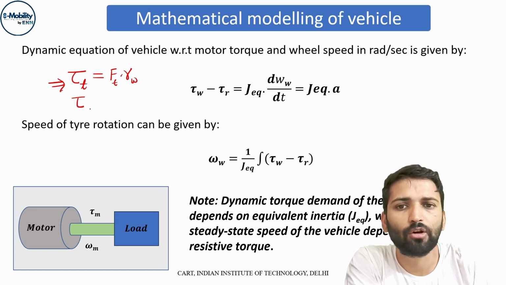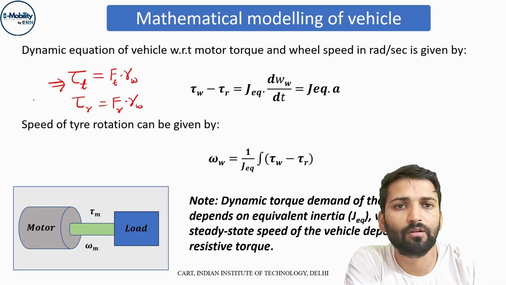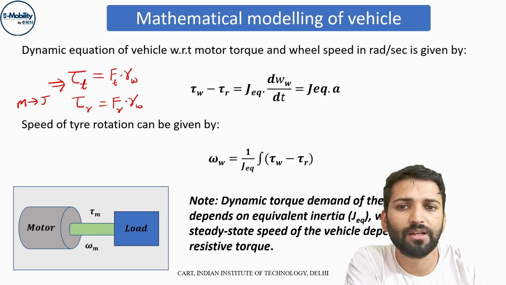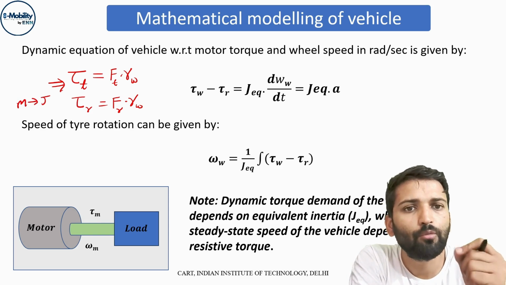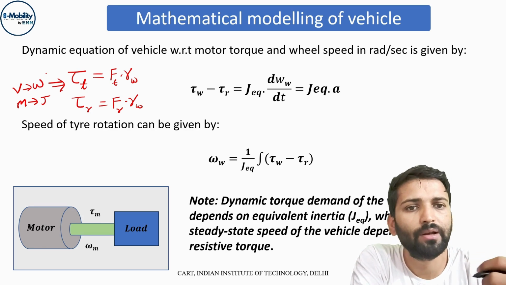The second is the resistive torque, which is resistive force into the radius of the wheel. In terms of torque, for mass we use J, the moment of inertia, and for speed in rotational terms we use omega. Omega is the rotational speed in radians per second.